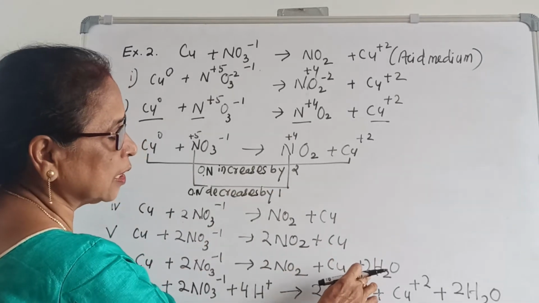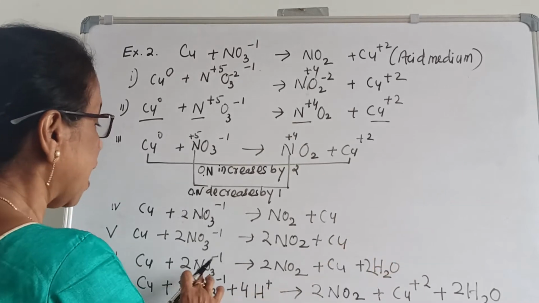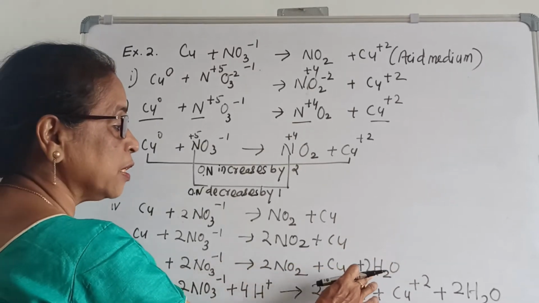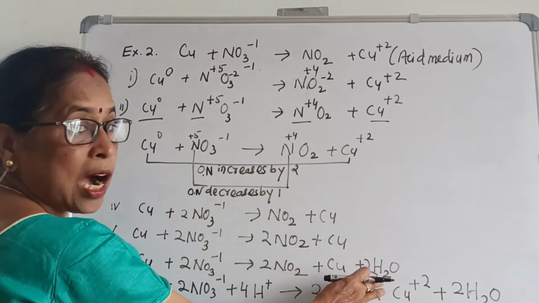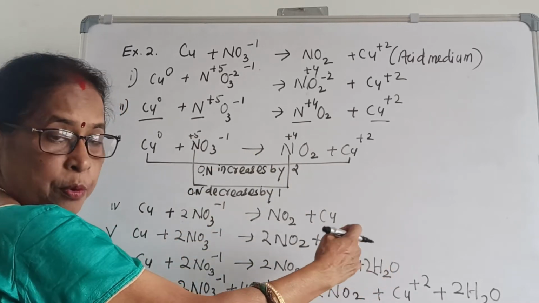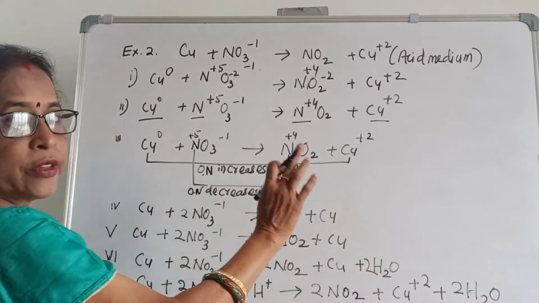Now here with water, oxygen is balanced, but hydrogen, here hydrogen is there and it is acidic medium. How many hydrogen on the product side? 2 into 2, that is 4.